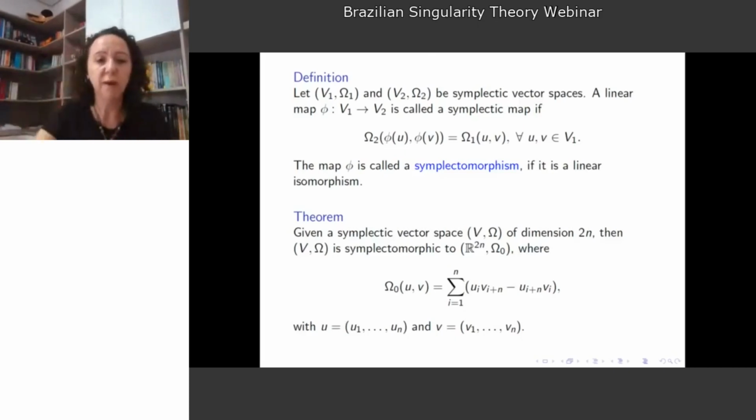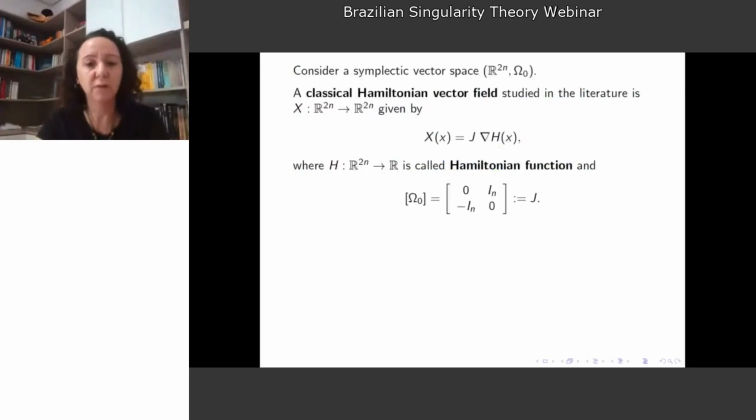So we can rewrite these results in terms of manifolds, also in a more general context.